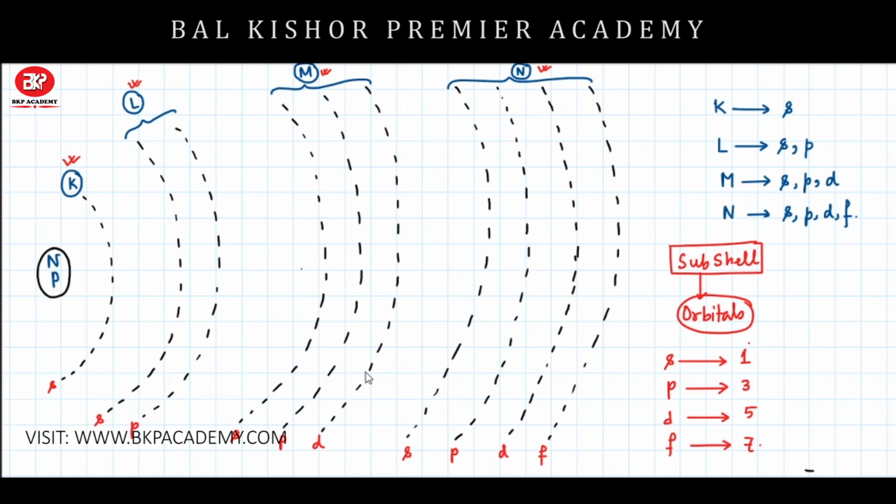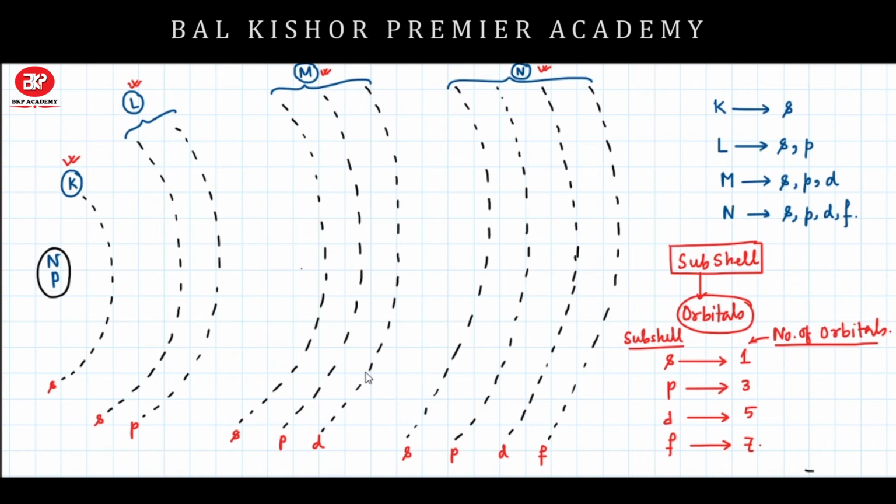So this is the number of orbitals, and this is the subcell. So we can see that in the s subcell there is one orbital.